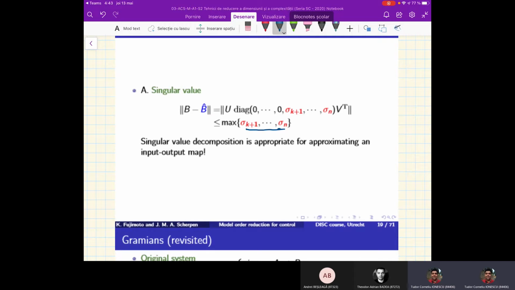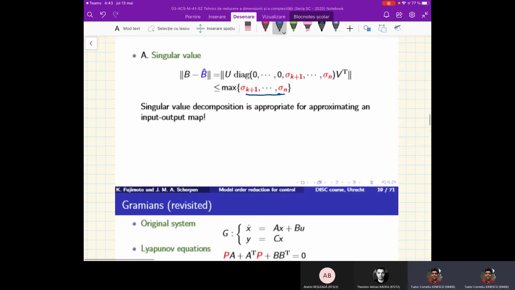So singular value decomposition is appropriate for approximating an input-output map, and not necessarily the eigenvalue decomposition. That's why balanced truncation is much more important and better for model approximation than the simple eigenvalue decomposition.